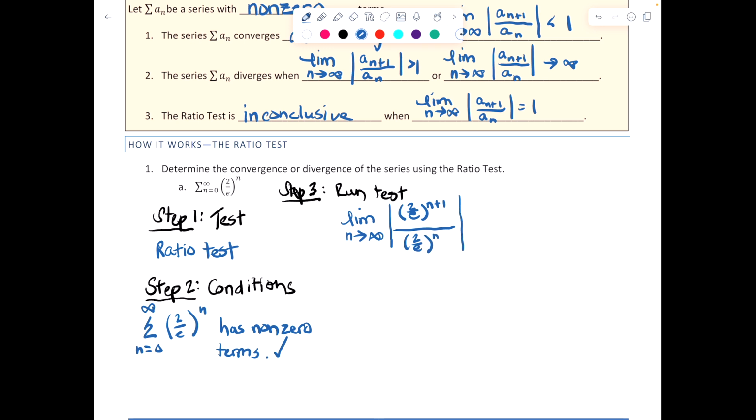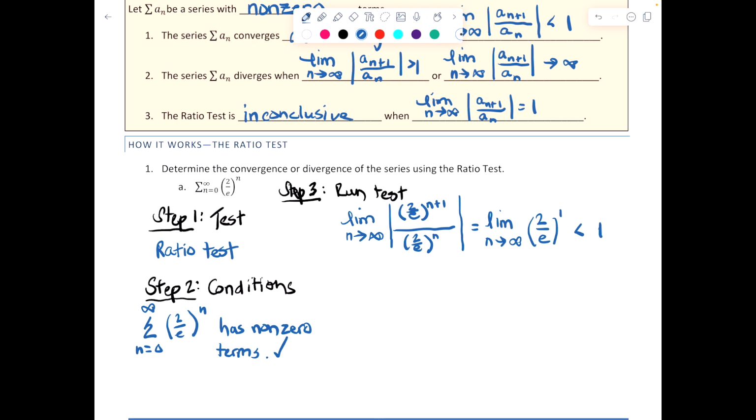Actually, this one won't be so bad. It's in absolute value, but 2 over e is always positive. So we can take that absolute value off and simplify, because if we have the same base of 2 over e, you just subtract the exponents. So n plus 1 minus n is just 1 for our exponent. So we'll get the limit as n approaches infinity of 2 over e raised to the 1. Now e is 2 point something, so I don't know what that is, but it's going to be less than 1.